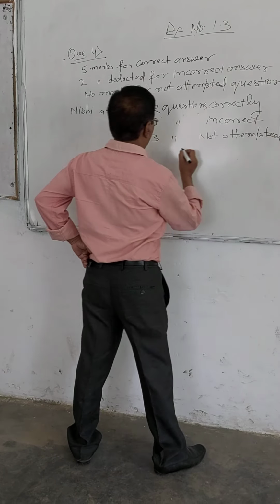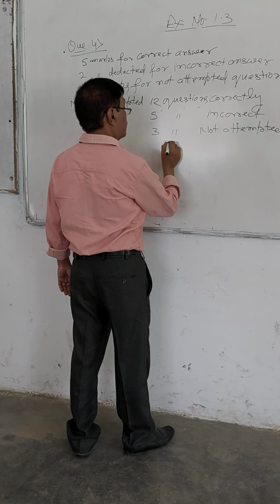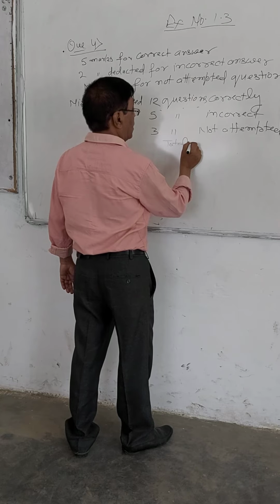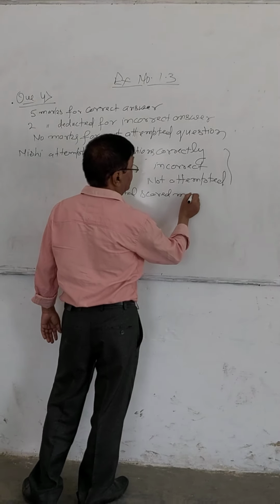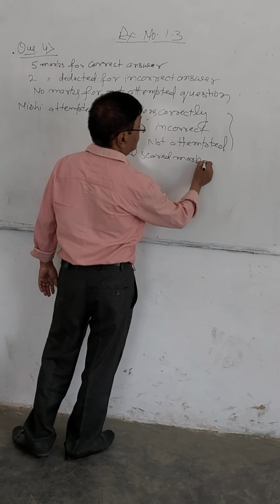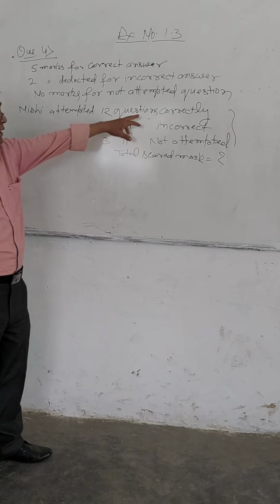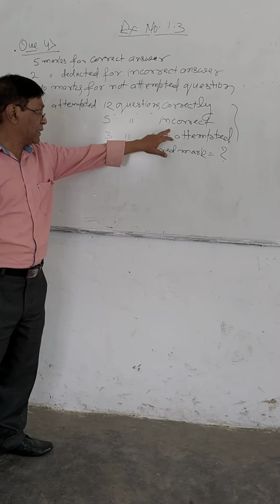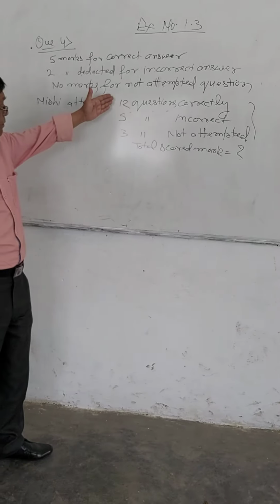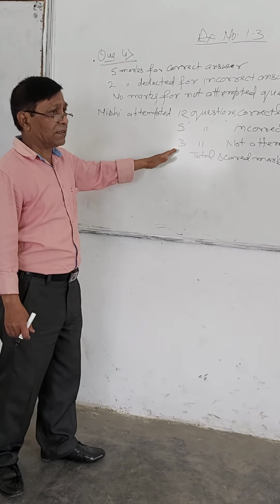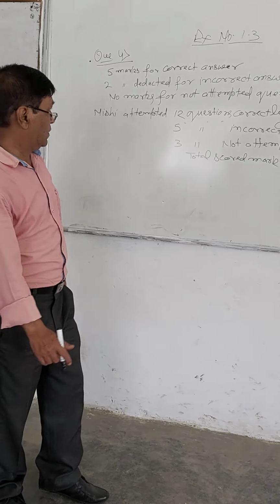So you have to find the total scored mark. 12 questions correct, 5 questions incorrect and 3 not attempted. That means if you add all these, 12 plus 5 is 17, plus 3, the question paper had 20 questions.